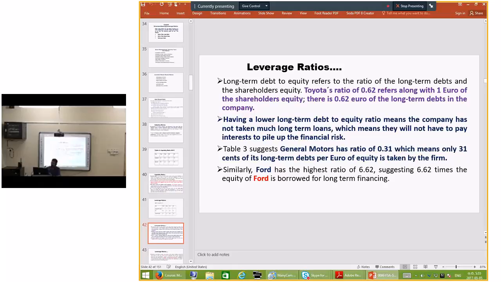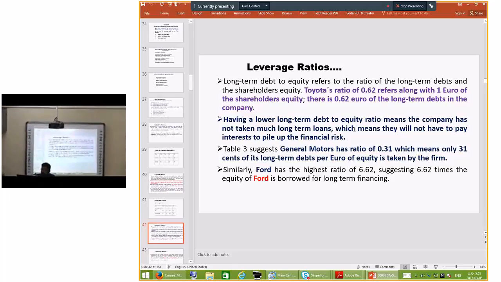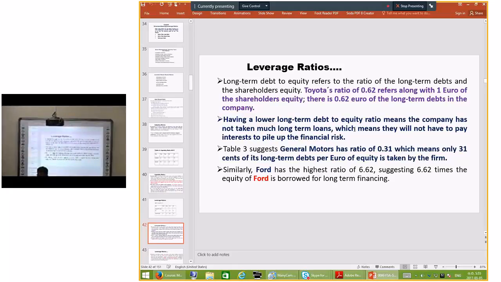Having a lower long-term debt to equity ratio means the company has not taken much loan or debt capital, which means they will not have to pay much interest, reducing the financial risk.